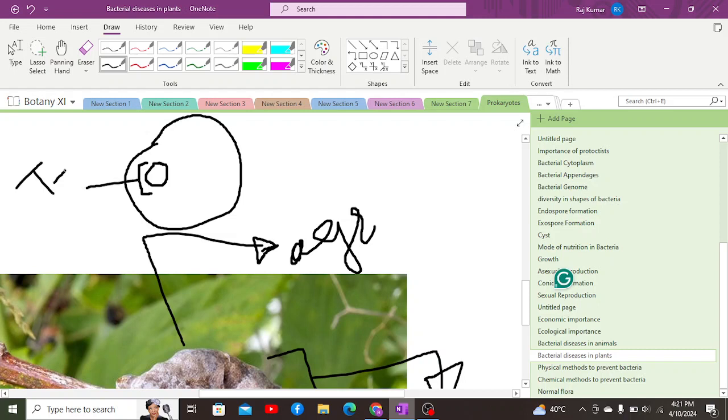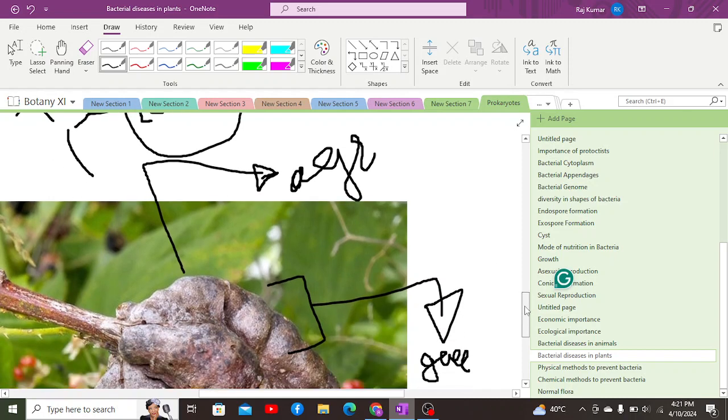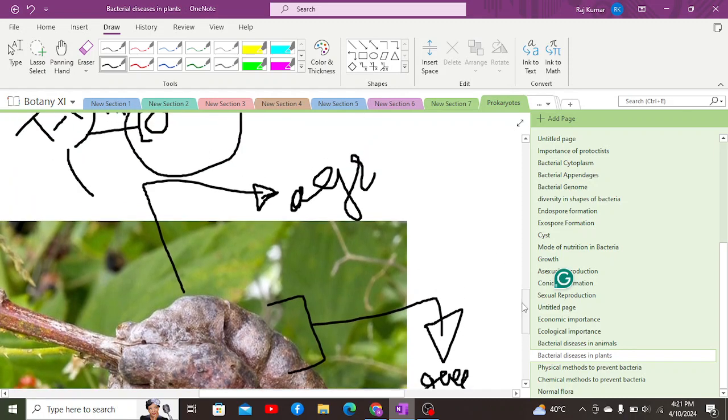That tDNA has the capability of forming a tumor, such that whenever Agrobacterium tumefaciens infects the plant, it inserts its tDNA into the plant genome.